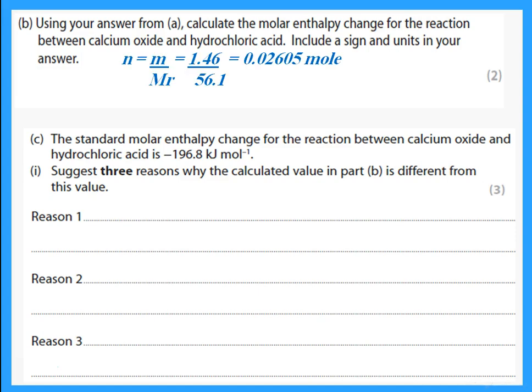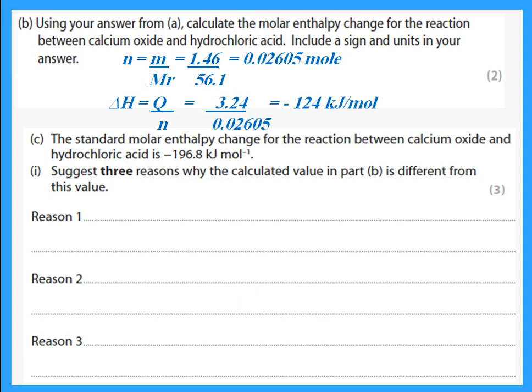So I have 1.46 grams, and I get the Mr of calcium oxide. That gives me the number of moles. The delta H is Q over n. Now again, why did we put a minus sign? Because he said the temperature rise. If we go back, it is a temperature rise, so that means it's exothermic.